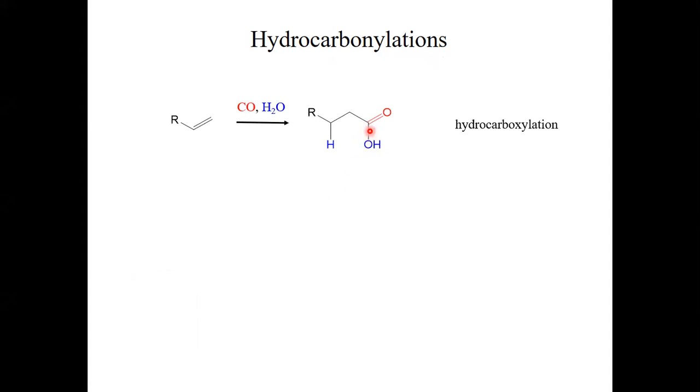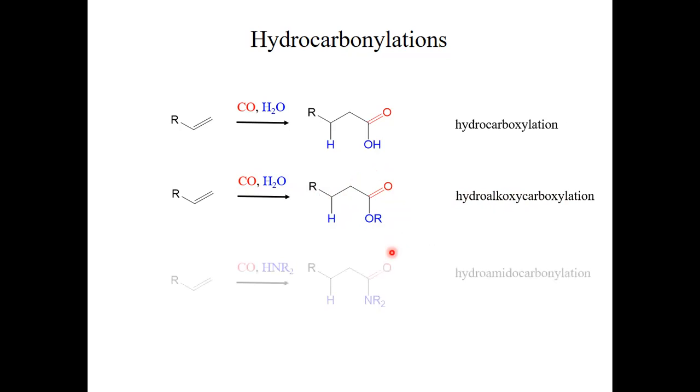instead of an aldehyde. So when you replace the hydrogen with an alcohol, and that's actually not correct here, so this needs to be an alcohol and not water, then again in the presence of carbon monoxide and carbonyl catalyst, you get what is called a hydroalkoxycarbonylation, and this reaction is useful to make an ester.